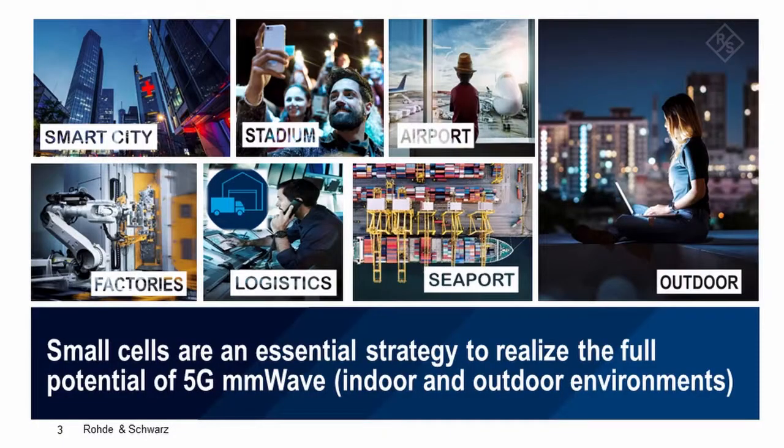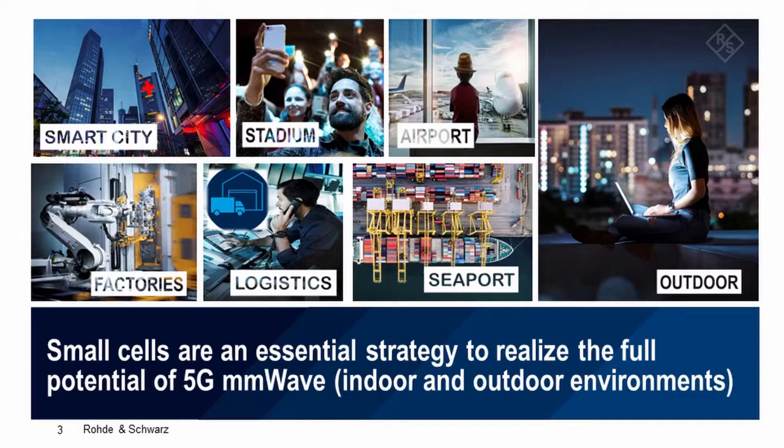Now looking at the opportunities. With the availability of 3GPP release 16, the vertical industries are adopting 5G for their digital transformation journey. And here the small cells play an important role as private networks are used to cater to these different use cases.